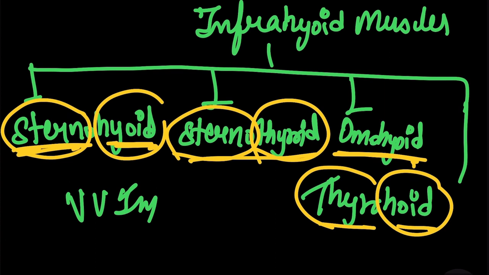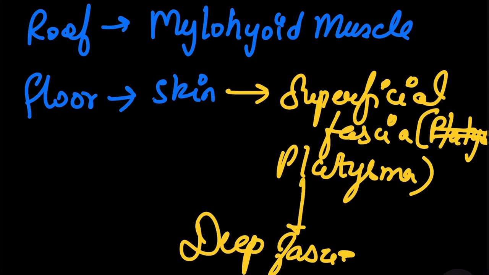Now when we see the submental triangle, only the boundaries and roof part is important.